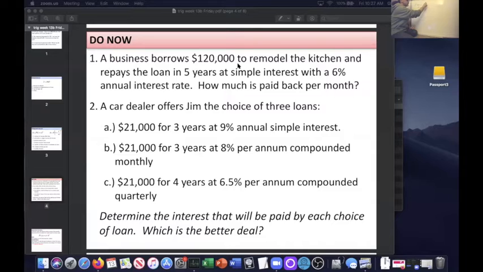Again, it's I = PRT. And then the rate would be based upon 6%, so 0.06, and annual interest rate means per year, so then the time would be years, and we would do that calculation.